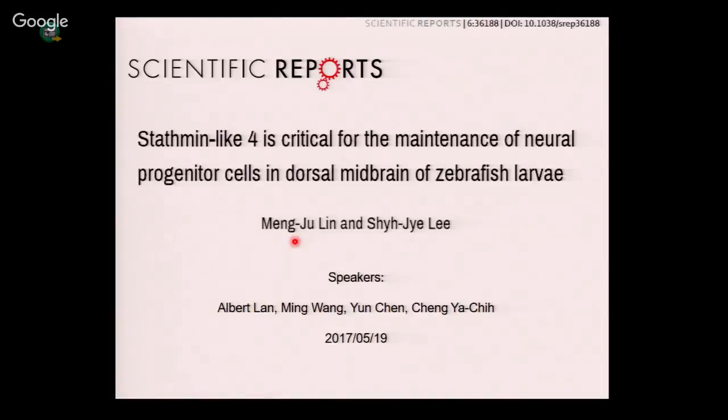Many proteins are involved in the maintenance of neuroprogenitor cells, and those proteins must be carefully expressed at a certain level. Either too high or too low would interfere with the normal process of development. Here we are going to show you an example. This protein is stathmin-like 4, and we will call it STMN4 in the following presentation.